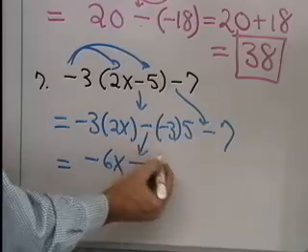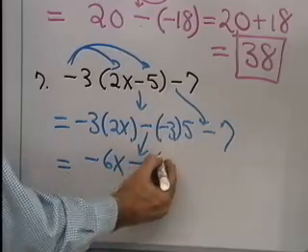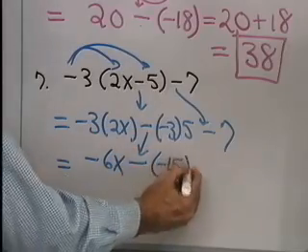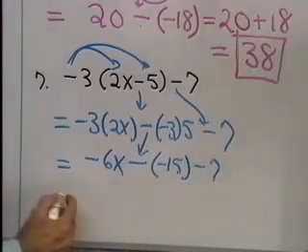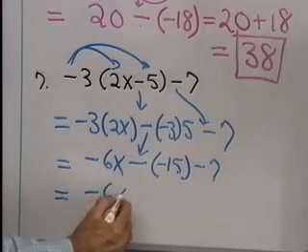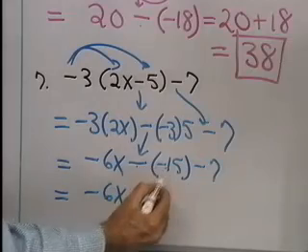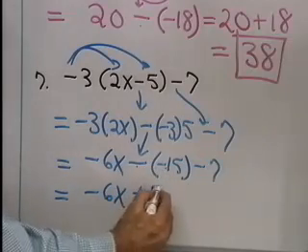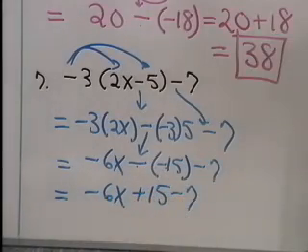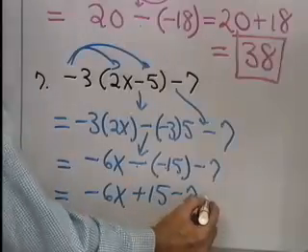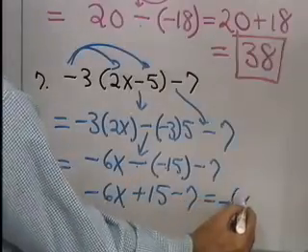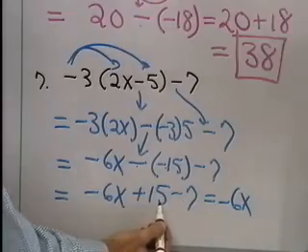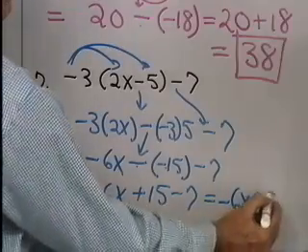Subtract, there's my subtraction sign. Negative 3 times positive 5 is negative 15. Subtract 7. Negative 6x. Subtracting negative 15 is the same as adding positive 15. And now let's see, I can add 15 and negative 7, and I get negative 6x here, plus 15 subtract 7 is what, 8?